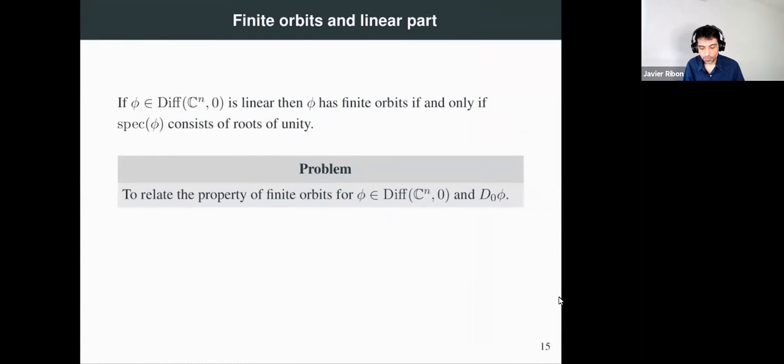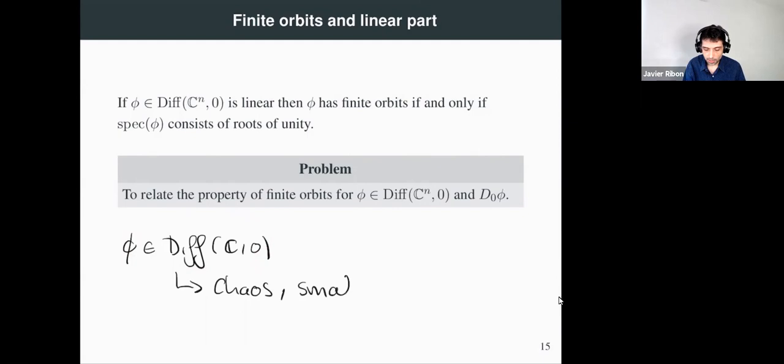Because if you have studied at some point the theory of local biholomorphisms in one complex variable, classifying, for instance, topologically or analytically, these objects is absolutely hopeless, because there are many of these local biholomorphisms in which you can find chaos. It's a phenomenon called small denominators.